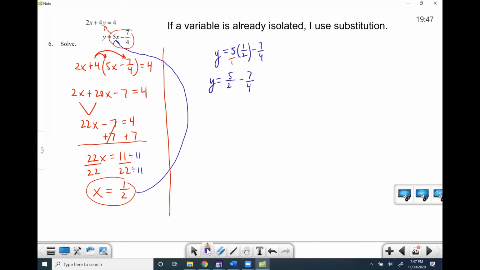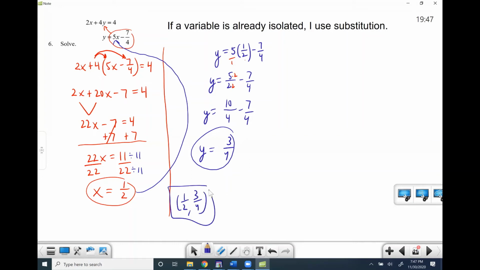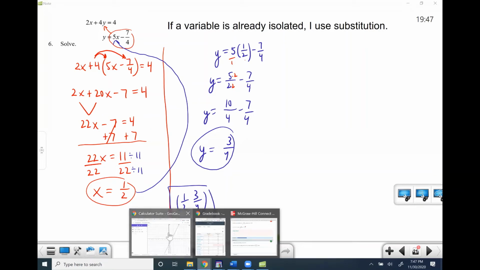And if I want to subtract that, just multiply by 2's here and here so that they have common denominators. 10/4 minus 7/4 is 3/4. So it looks like these lines should cross at 1/2, 3/4. Let's see if we did it correctly.